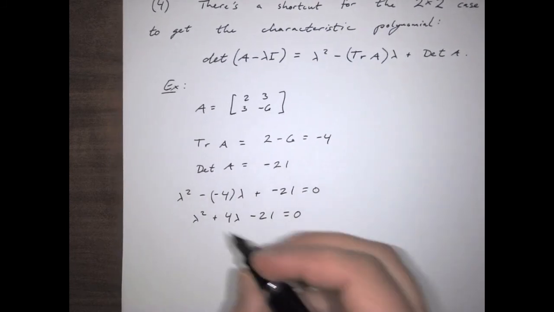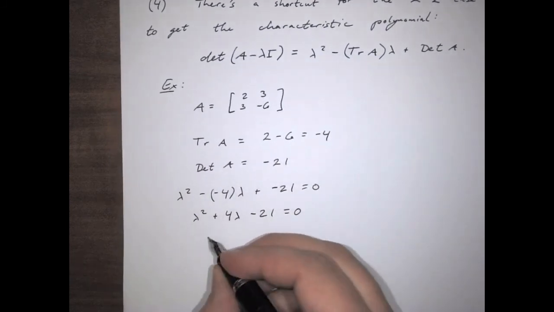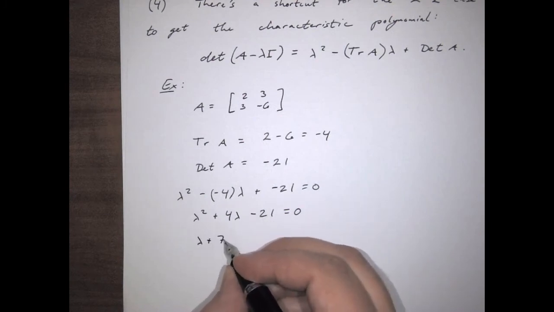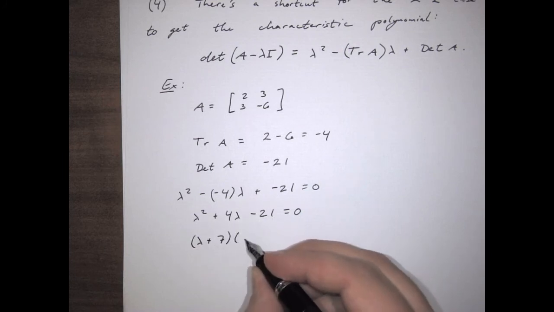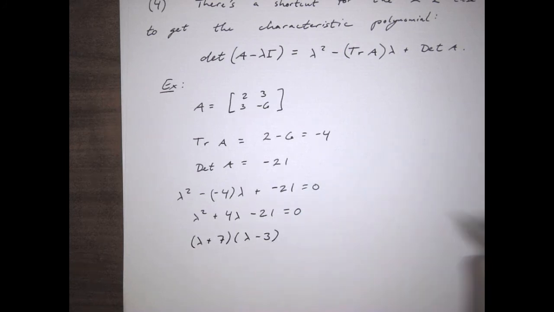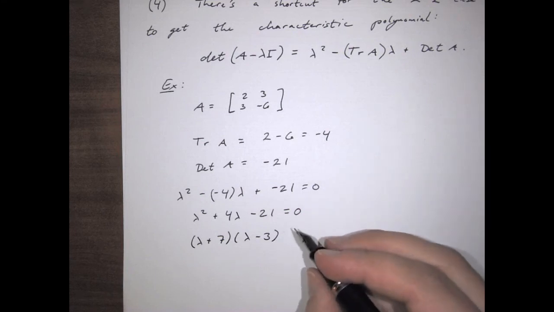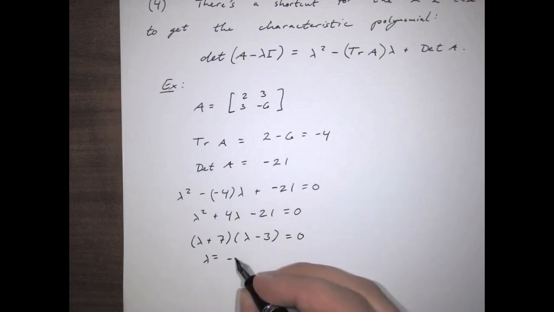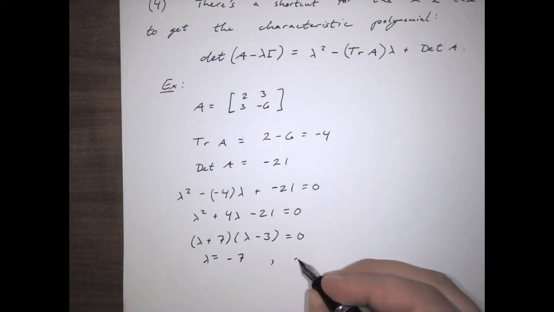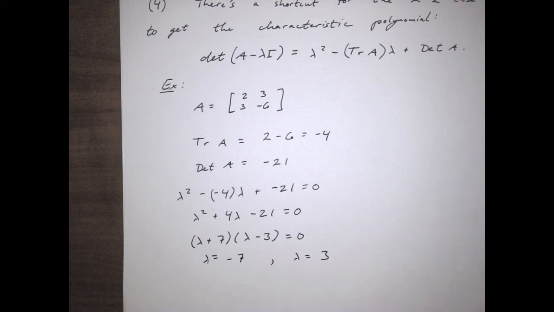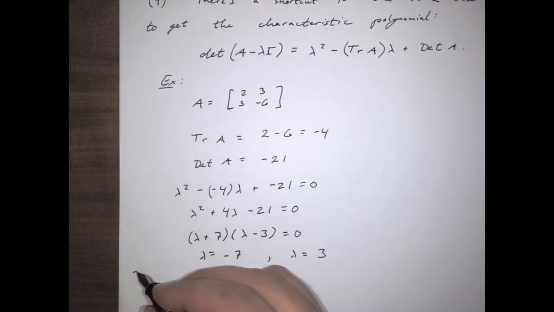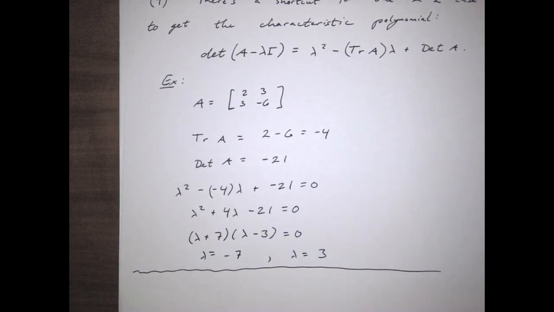Then we can factor it: lambda plus 7, lambda minus 3. That gives us lambda equals negative 7 and lambda equals 3. That's our two eigenvalues. So this is a slight shortcut.